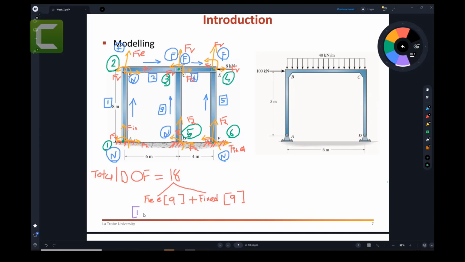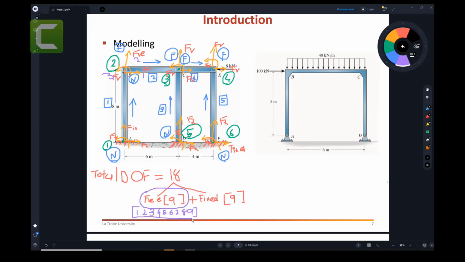So whenever you see free, that is 1, 2, 3, 4, 5, 6, 7, 8, and 9. So where is that? You can put 1, 2, and 3. There is no issue which one you're going to put. You can put 1, 2 here, but the lowest numbers, when you see the free degrees of freedom, will go with the lowest degrees of freedom.